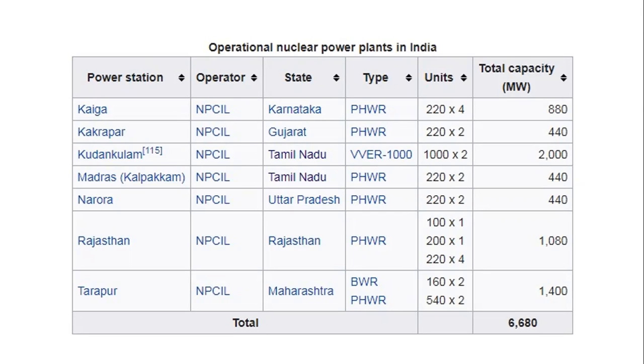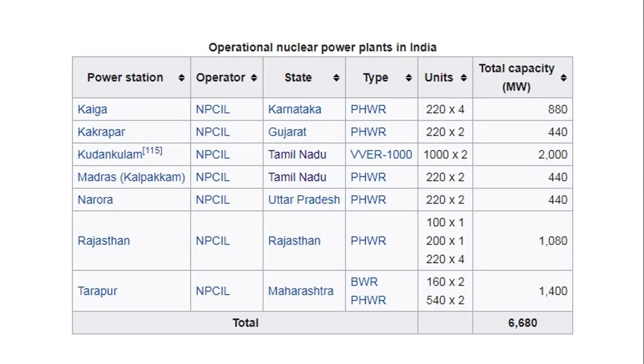So the total capacity of the Tarapur nuclear power plant in Maharashtra is 1400 megawatts. The biggest in India is the Kudankulam power plant in Tamil Nadu, which is 2000 megawatts.